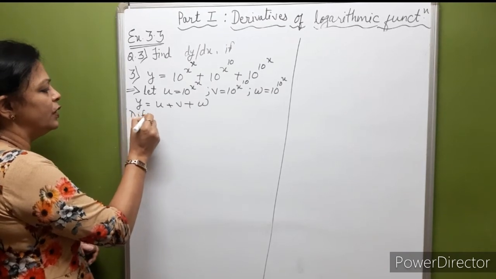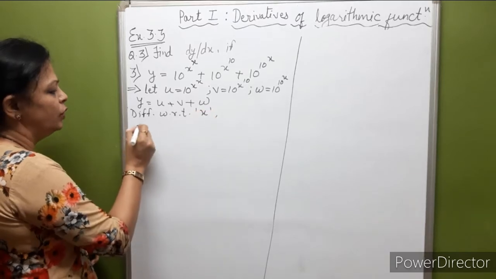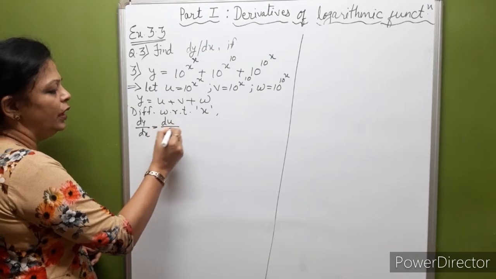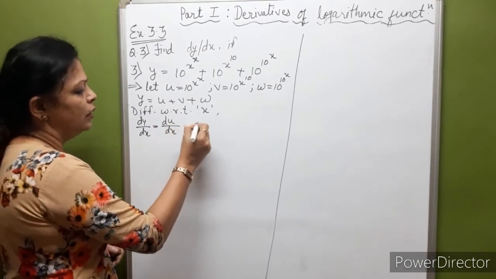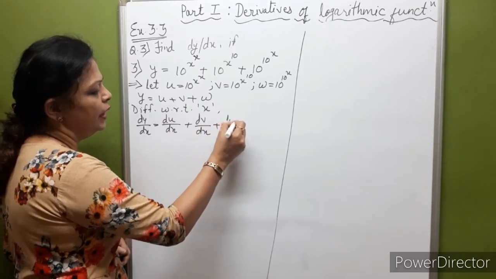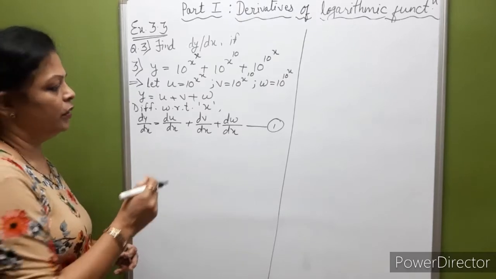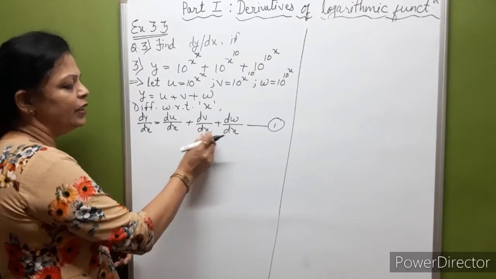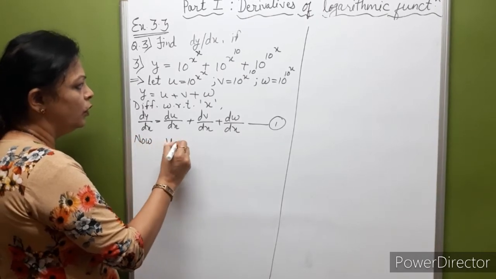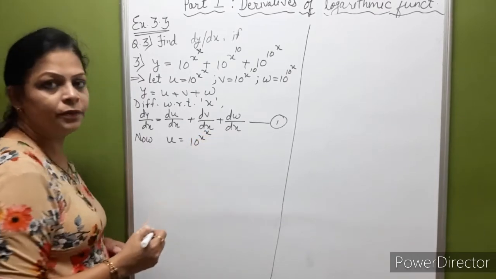So now differentiating with respect to x, you get dy by dx is equal to du by dx plus dv by dx plus dw by dx. This is your first equation. Now we'll find separately the value of each derivative. Now what is u? u is 10 raised to x raised to x.